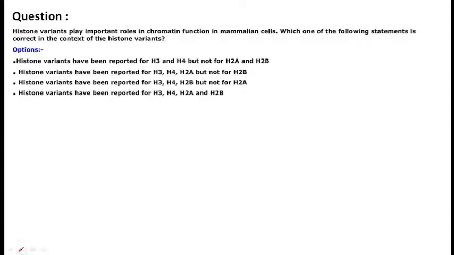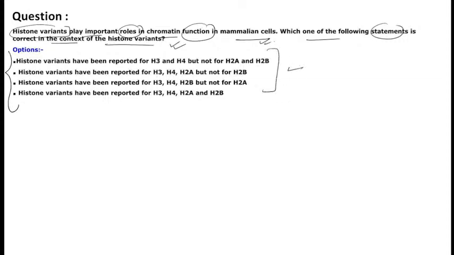Next question. The question is related to the nucleosome concept. Question is asking that histone variants play a very, very important role in the chromatin function in the mammalian cells, right? Which of the following statements is correct in the context of the histone variants? It is asking, out of the 4 options given to you, which statement is correct in the context of histone variants?